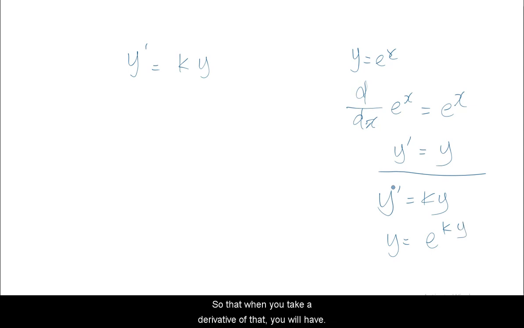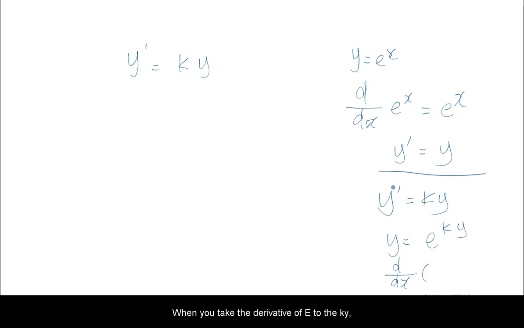So that when you take the derivative of e to the ky, you will have e to the ky. Well, then you have to take the chain rule, so you will have a k in the front.